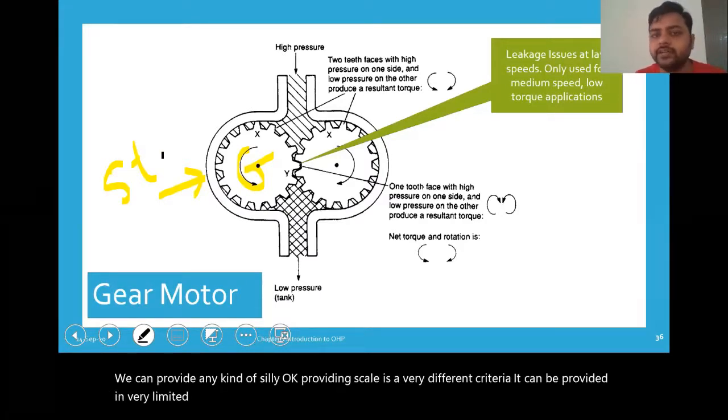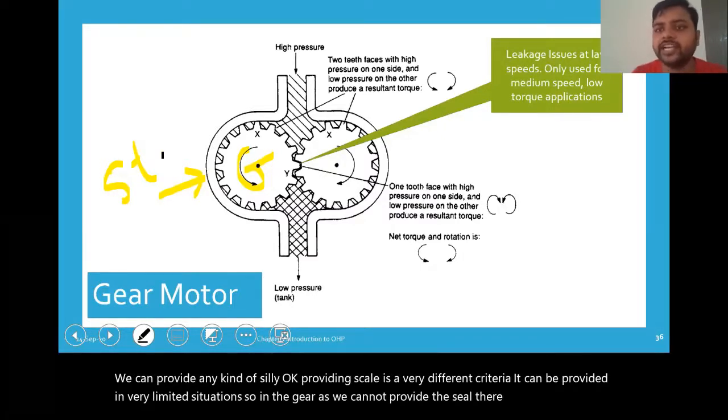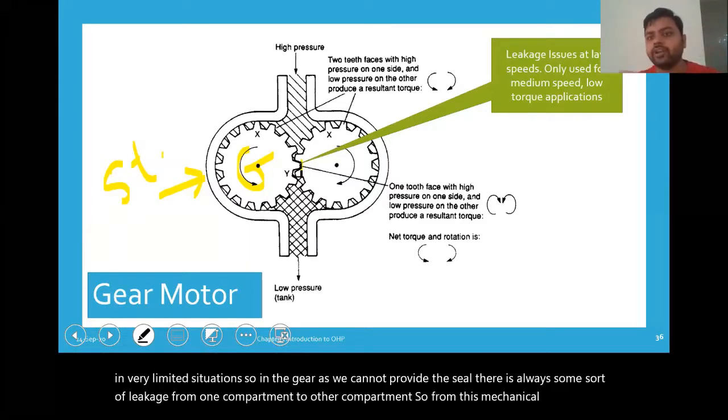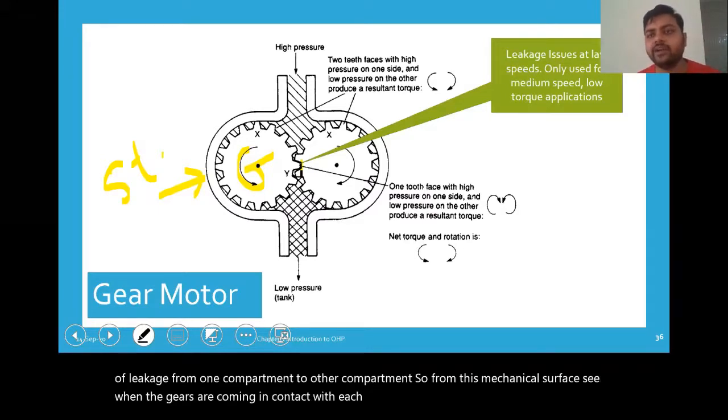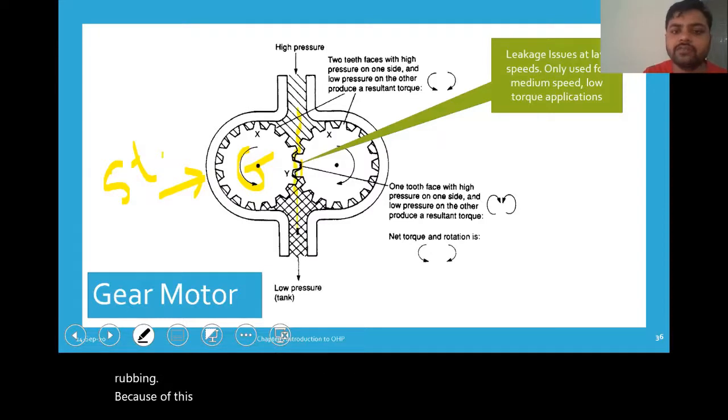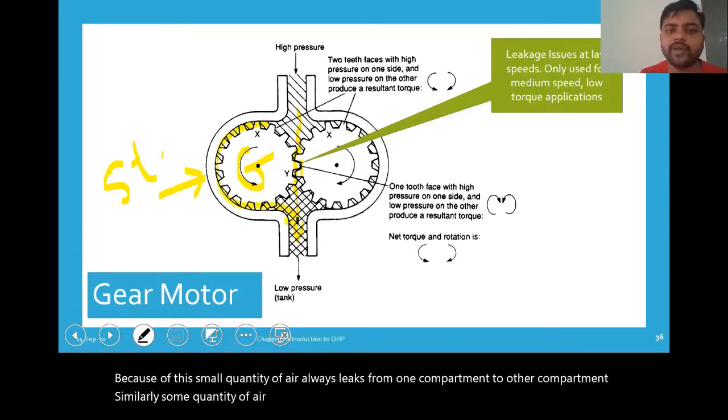So in the gear motor, as we cannot provide the seal, there is always some sort of leakage from one compartment to another compartment. When the gears are coming in contact with each other, they are having mechanical rubbing. Because of this, a small quantity of air always leaks from one compartment to another. Similarly, some quantity of air can always leak through the periphery.